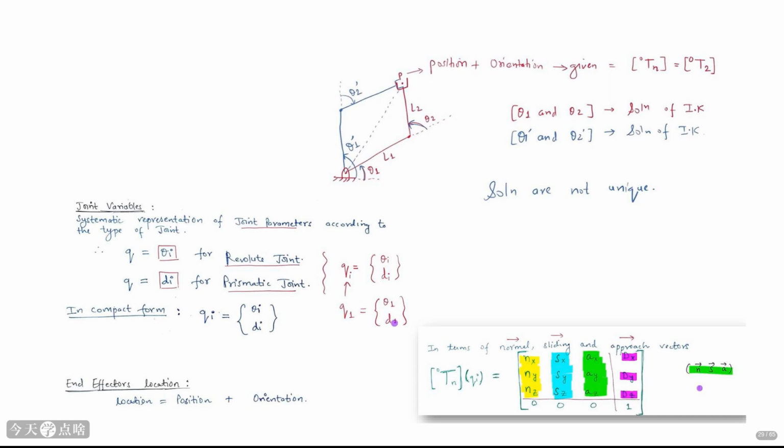The note mentions that there might be multiple solutions, like θ1, θ2, and θ1 prime, θ2 prime, which could correspond to different arm configurations reaching the same point. The joint variables are systematically represented by Qi, which is θi for revolute joints and di for prismatic joints. The end effector's location is defined by both its position and orientation. Solving for these joint variables is the core of the inverse kinematics problem.